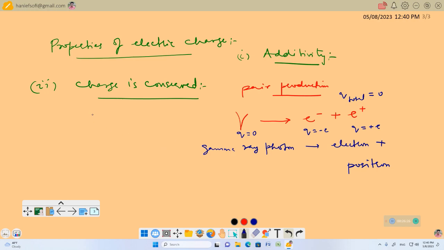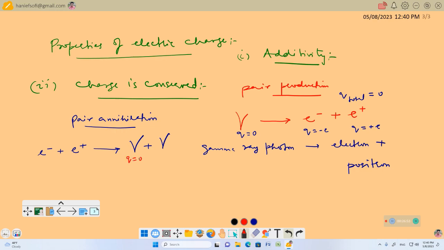Similarly, we have pair annihilation, the reverse process of this, in which what happens? A pair of particles disappears. We have an electron, it combines with a positron, and we get two gamma ray photons, right? So charge is conserved here.